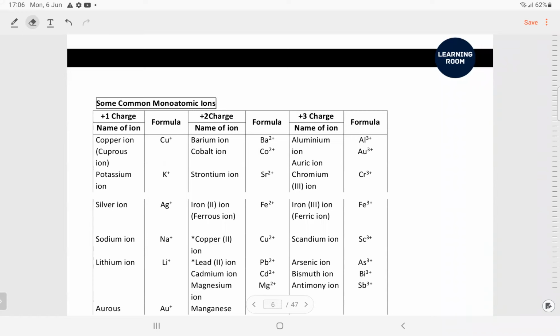For stability, these electrons will try to exchange. Clear? Okay, so you will have an elaborate explanation in 11th standard.